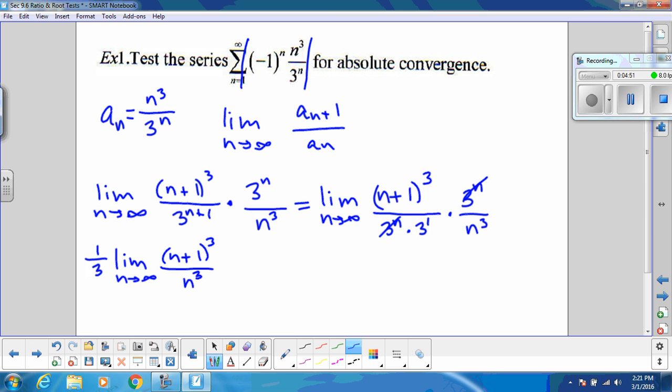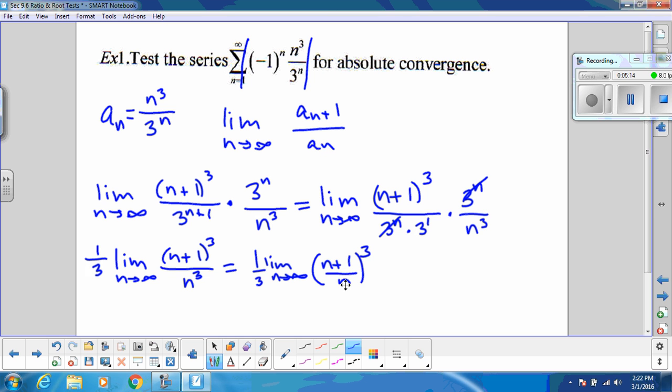Okay, so again, these are both to the same power. So if this helps you, I could write all of this as n plus 1 over n to the third power. Sometimes that's helpful.